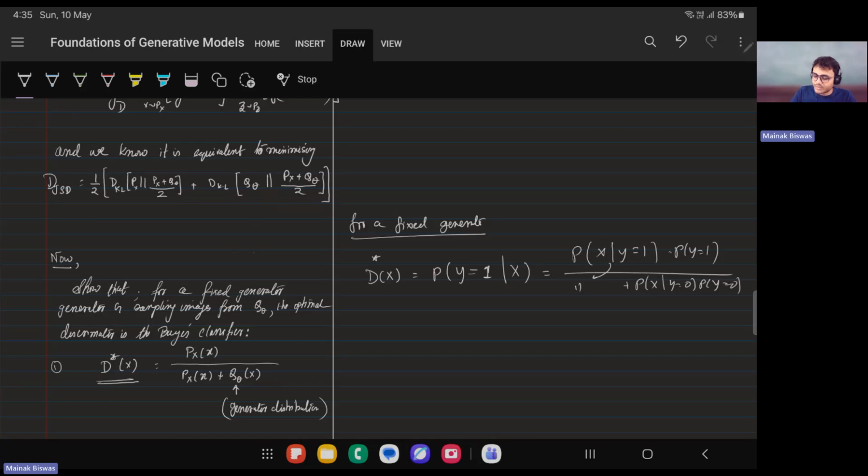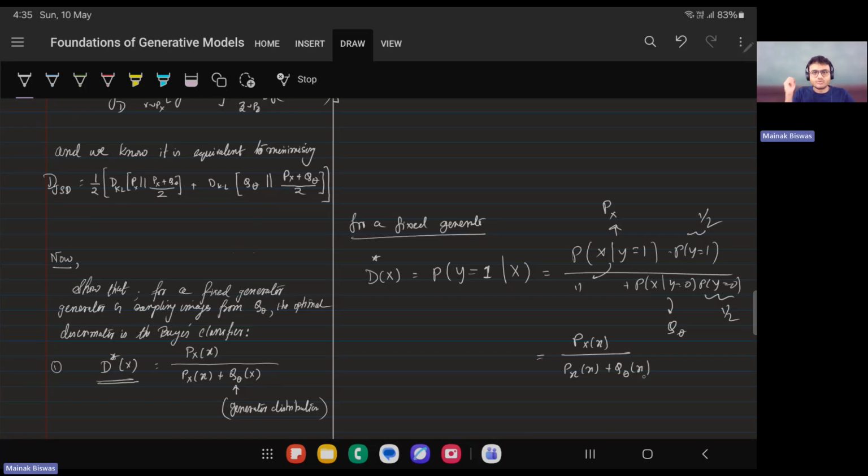Given y equal to 1, this is nothing but the distribution of x, the real data. This is the distribution of q theta, and these priors are all equal to half because it can either be real data or fake data, and the amounts of real and fake data are equal. So this turns out to be p_x of x by p_x of x plus q theta of x.